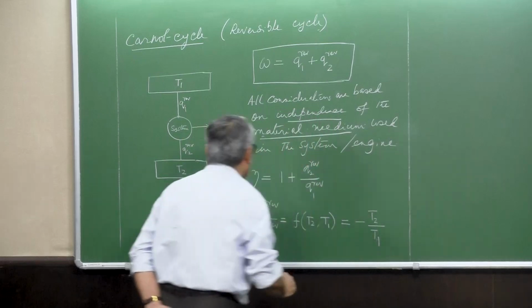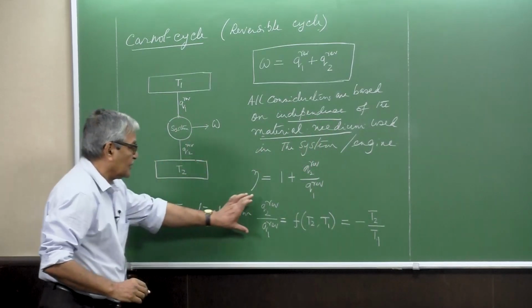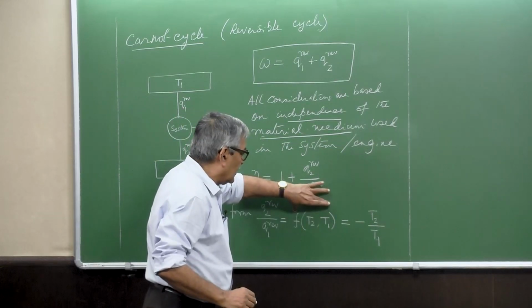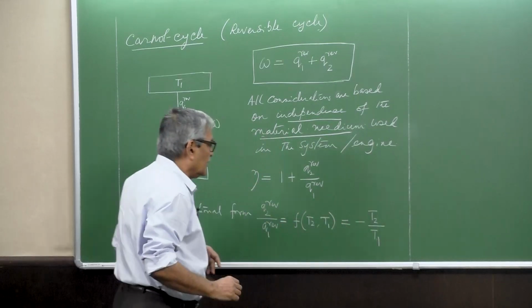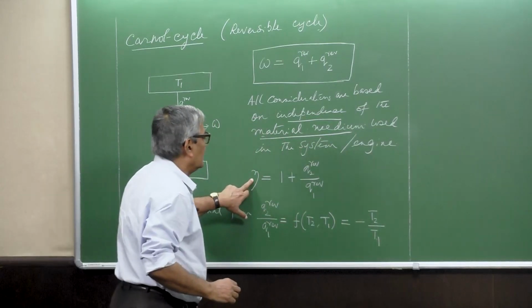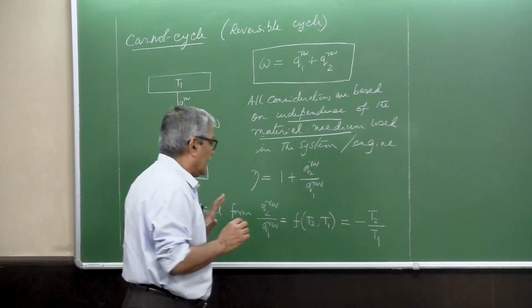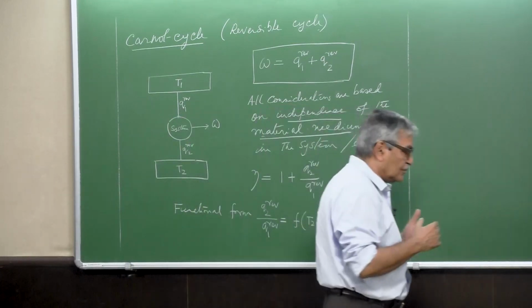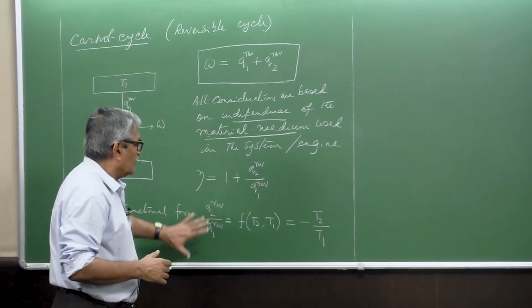That was a very important result that we could prove: the ratio is just a function of T2 by T1. These are the basic considerations needed for our further analysis, and we will draw certain conclusions out of them.